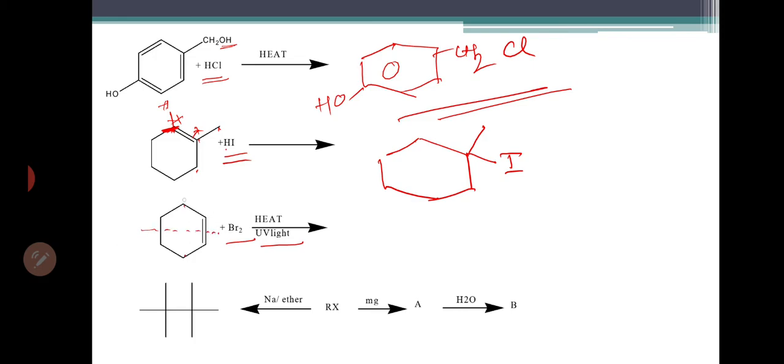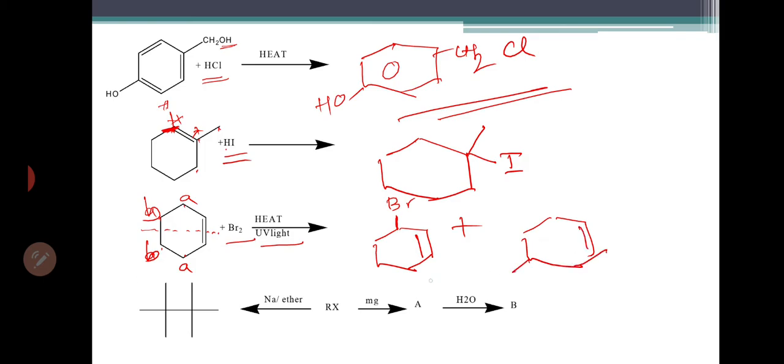This carbon and this carbon are one type, and these two carbons are different, right? So again in this case you will get two isomers. In one isomer, A's hydrogen will get replaced by bromine, and in the other, B's hydrogen will get replaced by Br. Okay, sir.